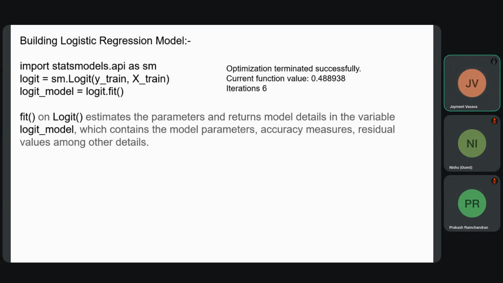The fit function on logit estimates the parameters and returns the model details in the variable logit model, which contains the model parameters, accuracy measures, and residual values, among other details. On the right side of the Python code, you can see the optimization terminated successfully, current function value of 0.488, and iterations were 6.